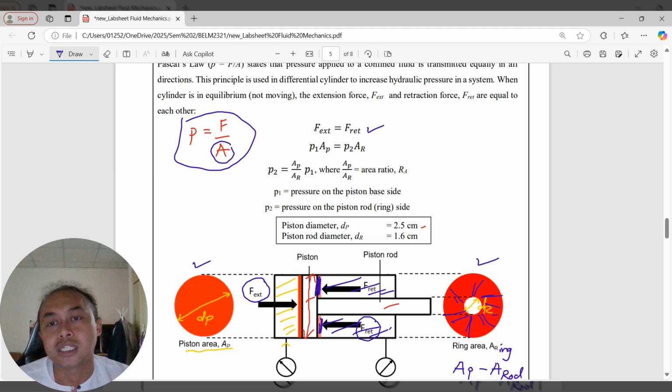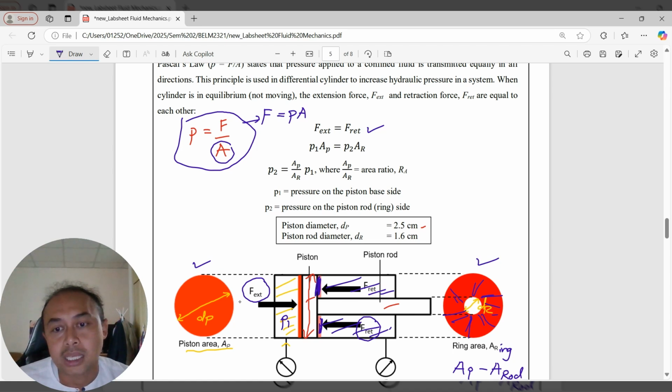So when the force is the same, from this Pascal formula we can rearrange that since P equals F divided by A, we know that F equals P times A. So F extension refers to, we call the pressure here P1.